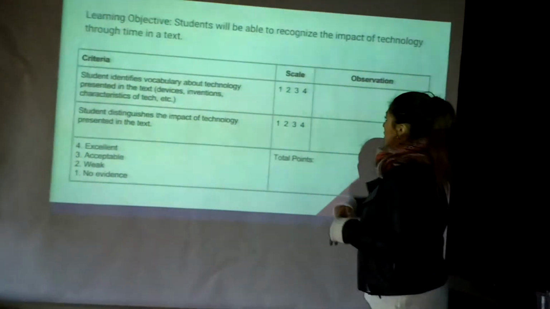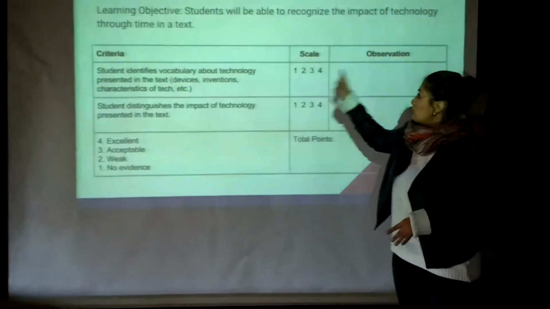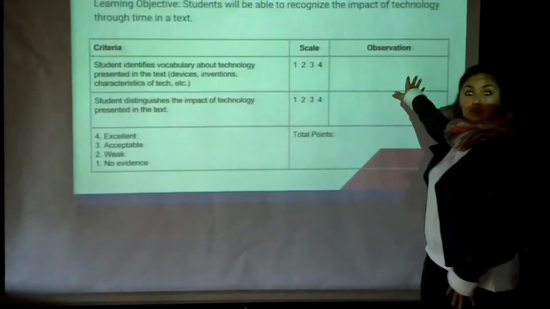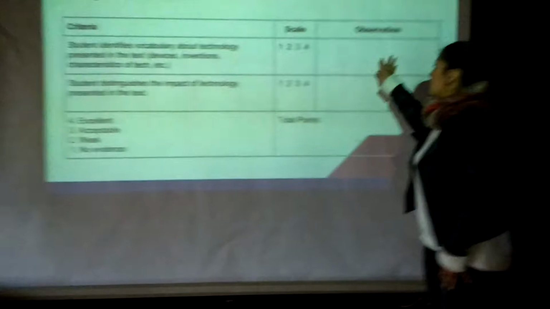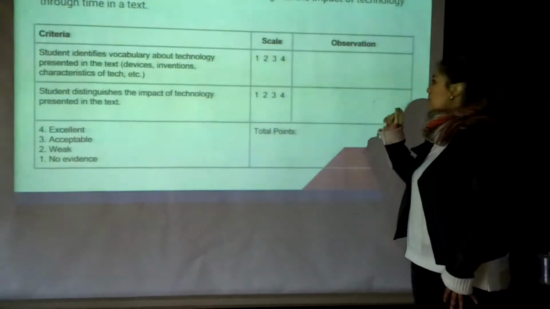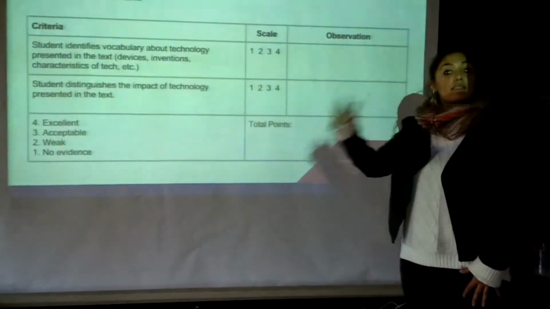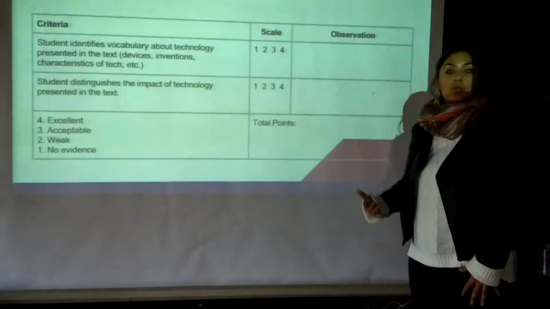So here we have a scale from 1 to 4, and here we are going to make some comments in order to let them know what they need to improve.